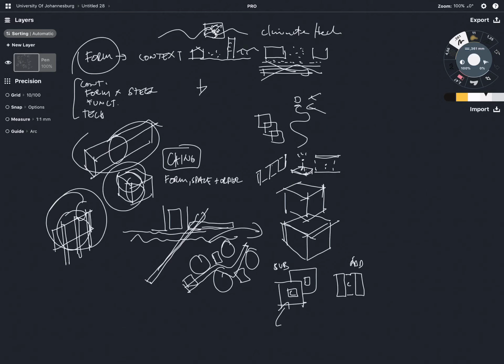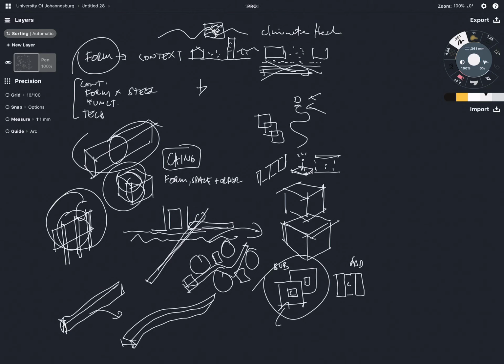But say, for example, you've got different forms, you've got boxes, you've got linear elements. Linear elements can also be organic elements, which is sometimes very hard to get with steel. You get circular elements. And if your concept ends up being this form, what I want to talk about is what does this have to do with steel?